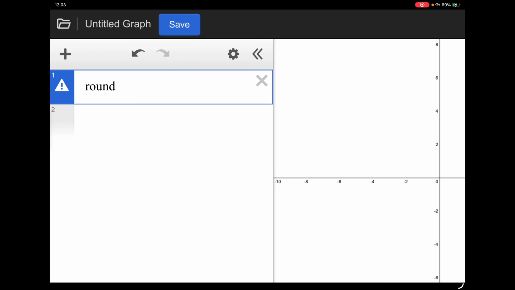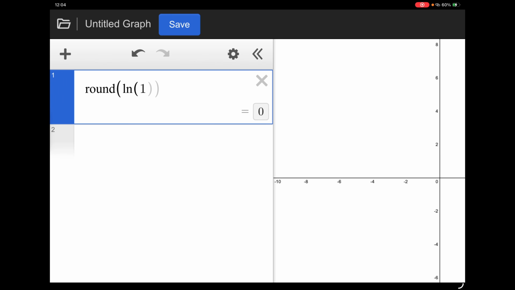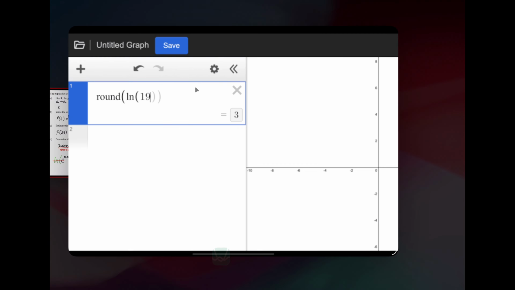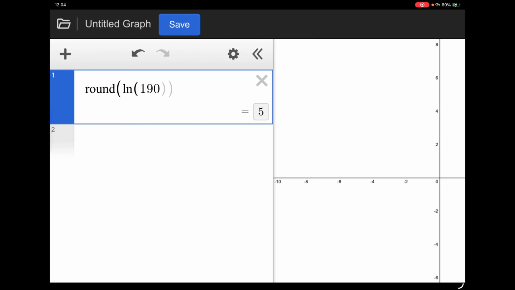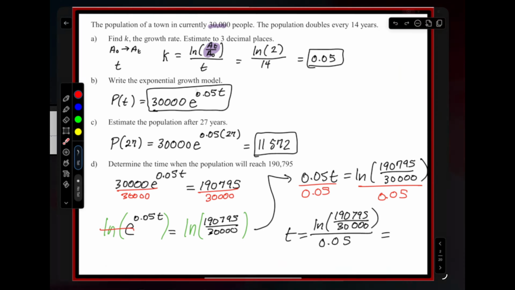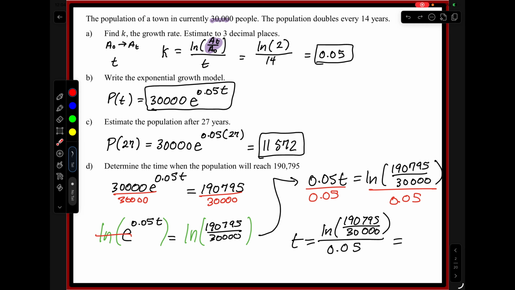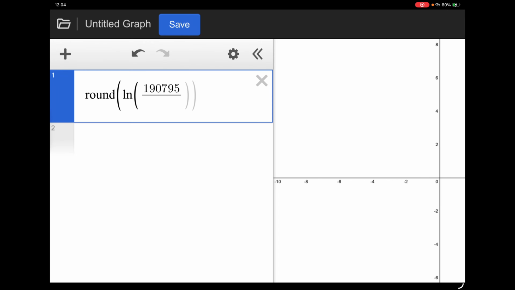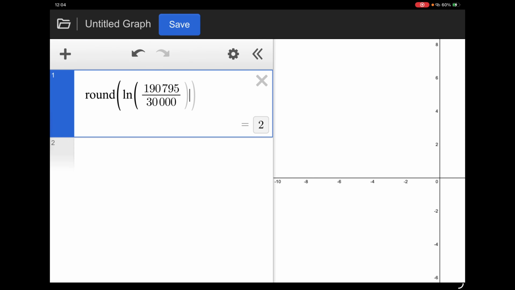I'm here on decimals. I'm going to type in round, then natural log, and inside that parentheses of the natural log, I want to divide the 190,795 divided by the 30,000.